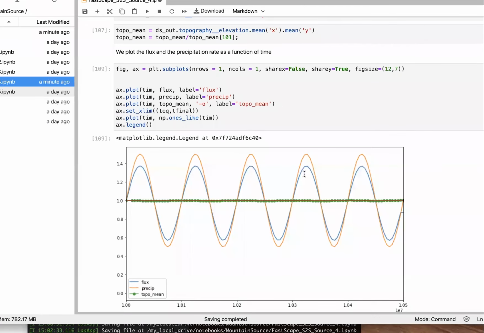Open, here we go. Okay, except that now, and I'm not going to even run the cells, rather than having a change in precipitation, we're going to assume a change in tectonics, in the incoming flux. And I'll play it like we did.